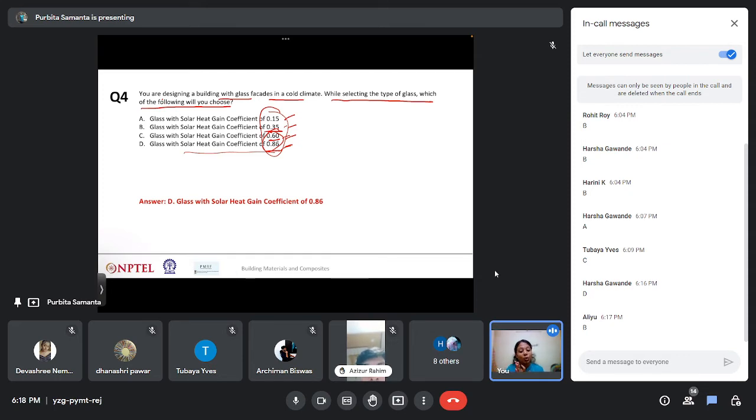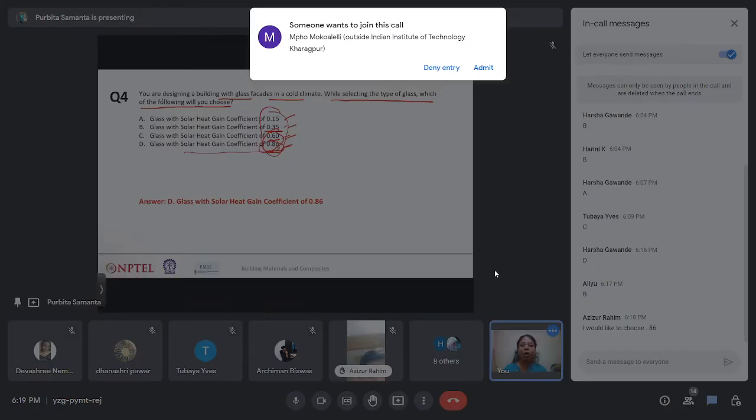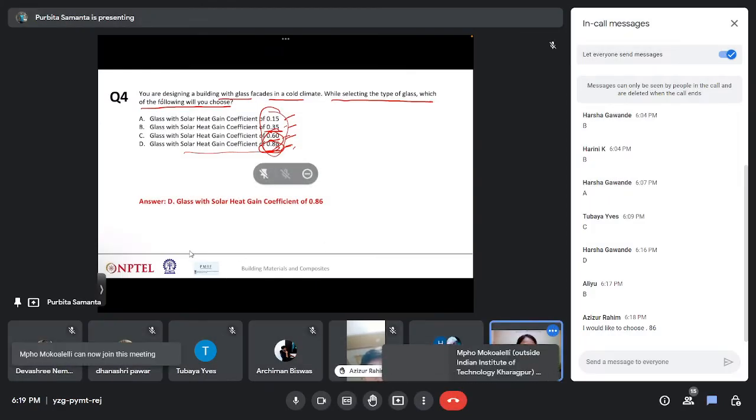But don't think that 0.86 is always the answer. The solar heat gain coefficient will be 0.86 only when we are selecting glasses for cool climate. For this particular question, since it is the highest value, we will accept this as the correct answer.